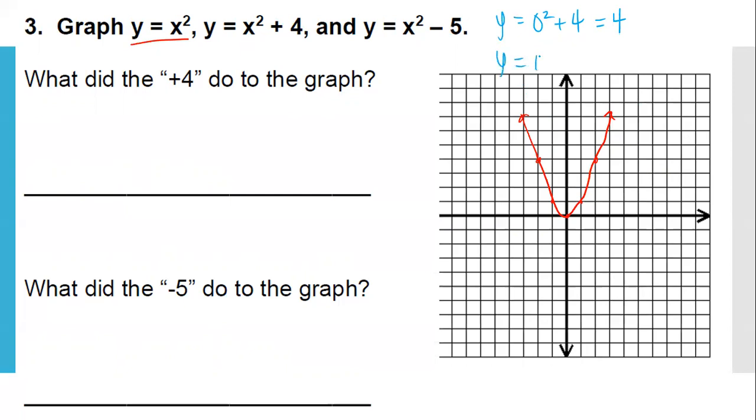If I had y equals 1 squared plus 4, that's going to make it 5, right? Same thing with 2. If I had 2 squared plus 4, it's going to shift up 4 units. So each one of my parent function values is shifting 1, 2, 3, 4.